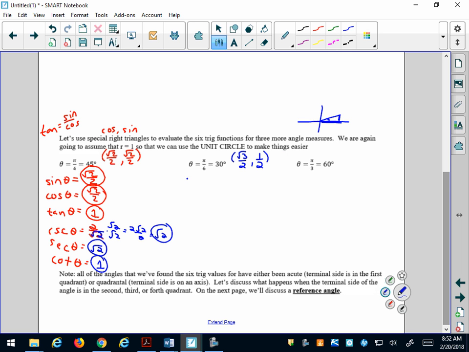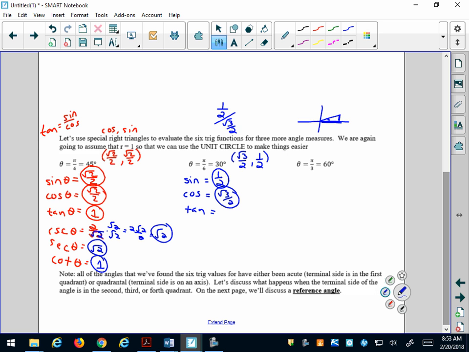Okay, so again, sine, cosine, tangent. Sine is just 1/2. Cosine is root 3 over 2. Tangent takes a little bit of work to get, right? We need sine over cosine, which is 1/2 over root 3 over 2.